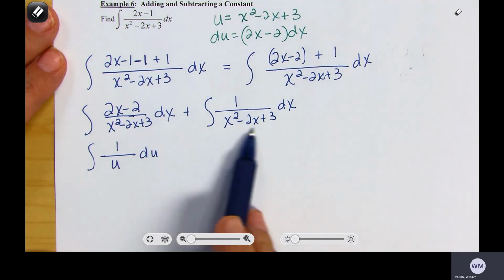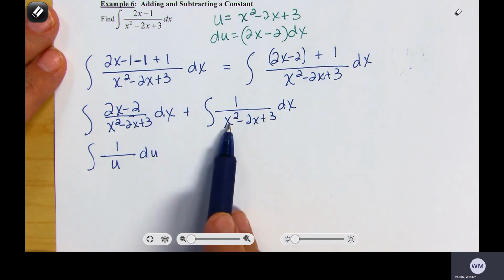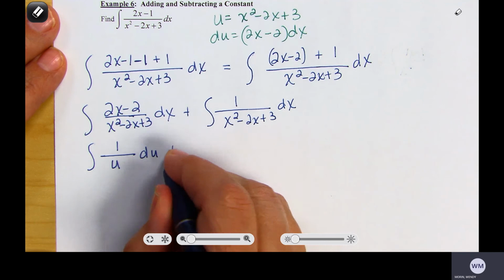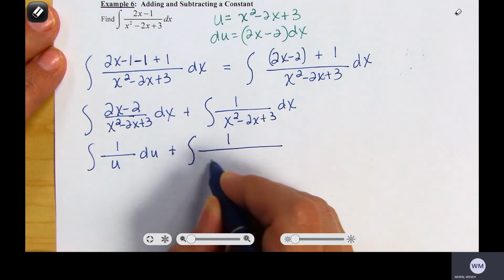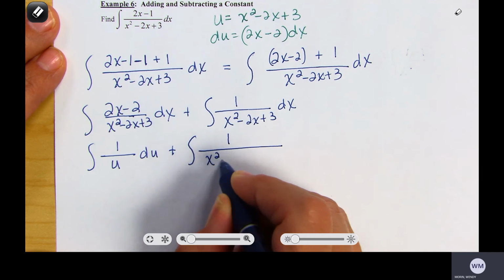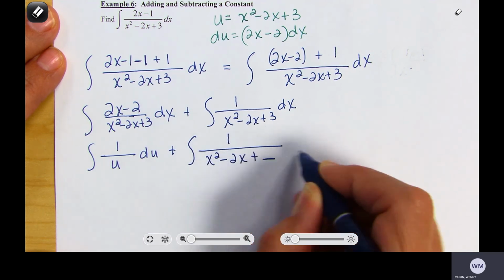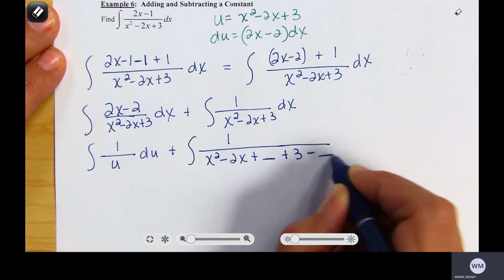How about this one? That looks like a completing the square problem. Oh no. x squared minus 2x plus something plus 3 minus something.